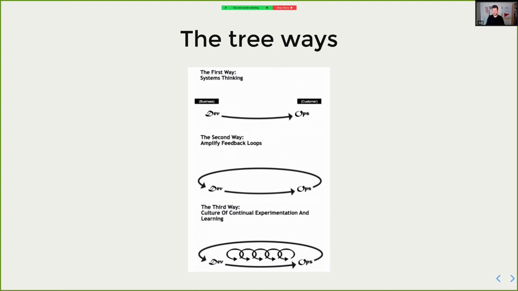The third way enables the creation of a generative, high-trust culture that supports a dynamic, disciplined, and scientific approach to experimentation and risk-taking, facilitating the creation of organizational learning, both from our successes and failures.